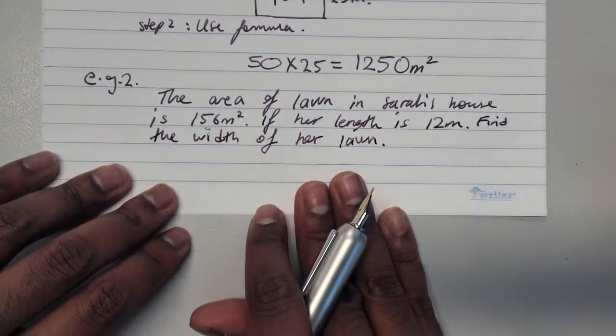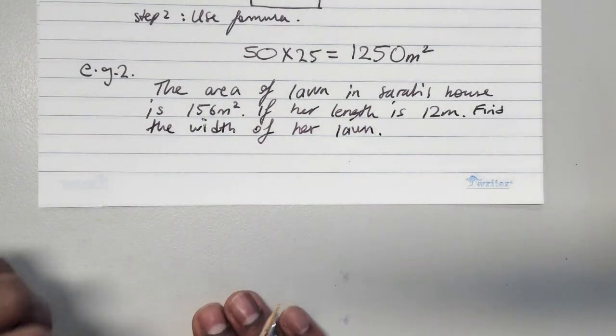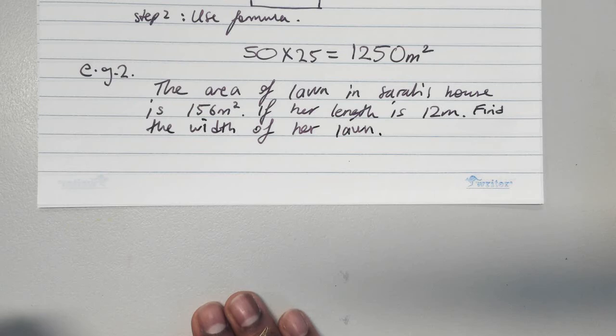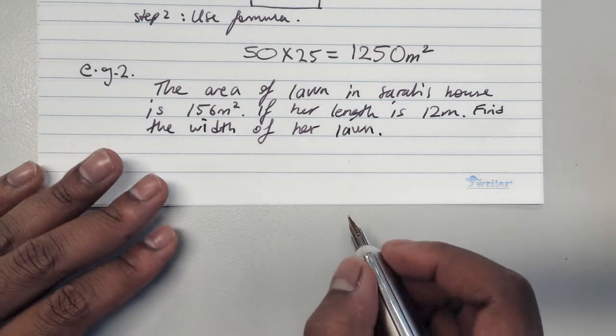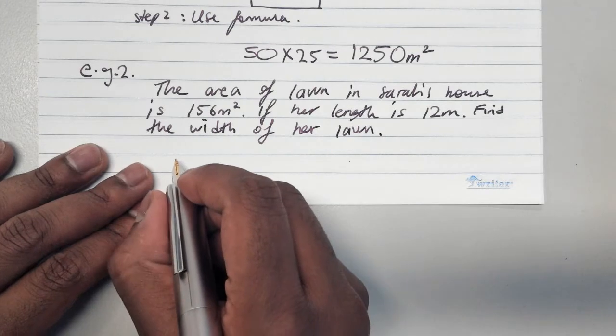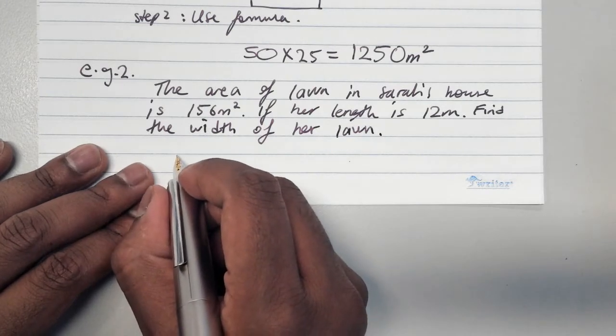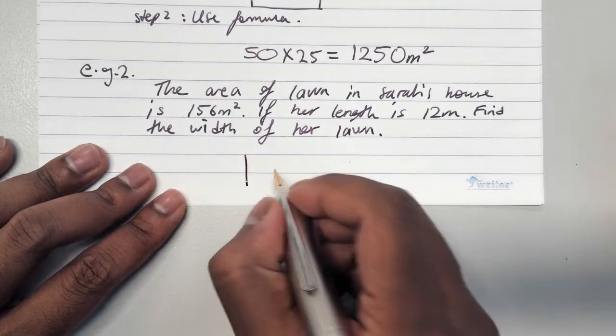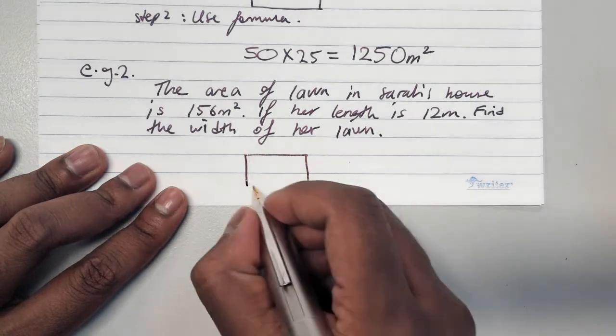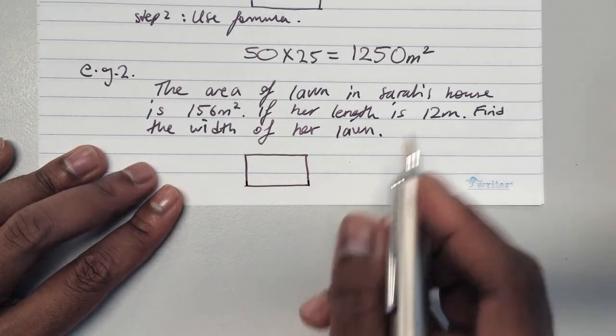So the area of lawn is 156. If the length is 12, I'm going to find the width of her lawn. Alright, so let's draw what we know. So a nice, very pretty diagram, this one.